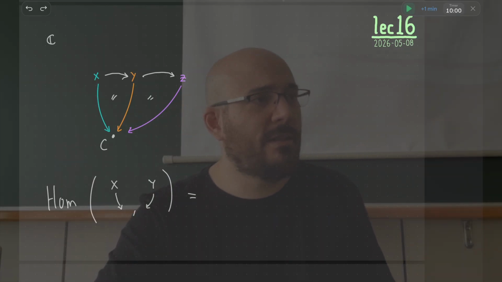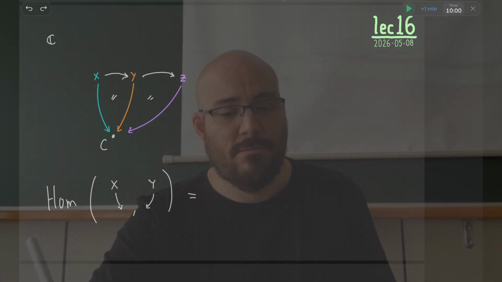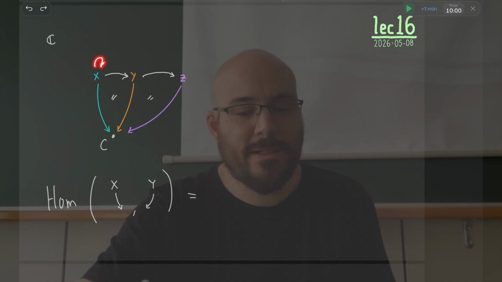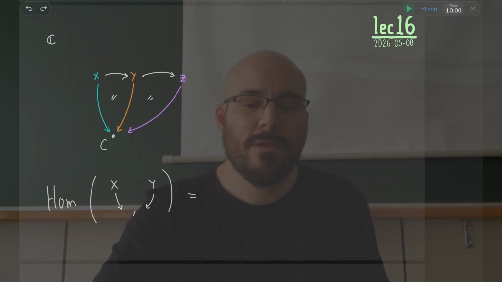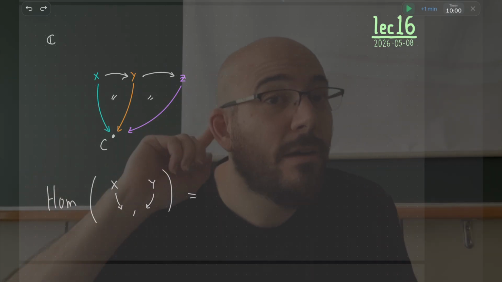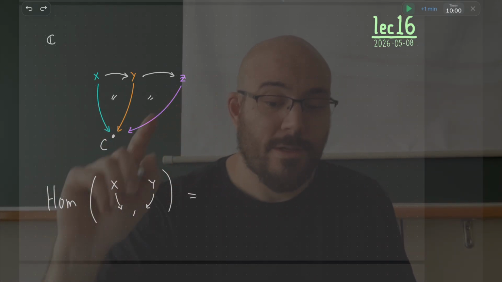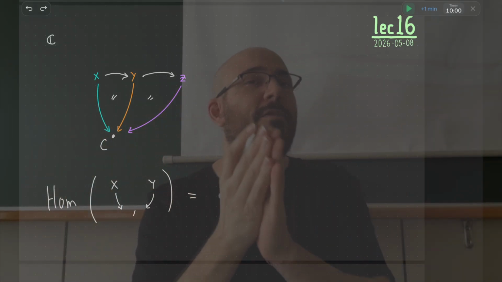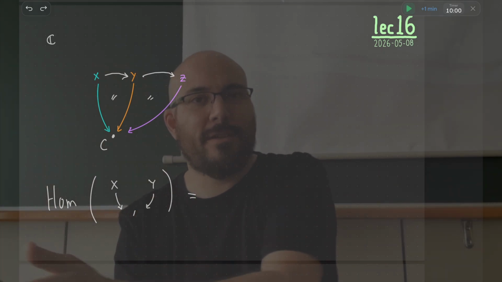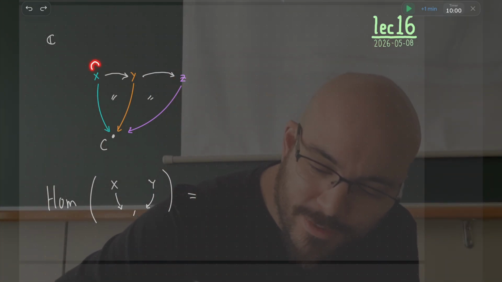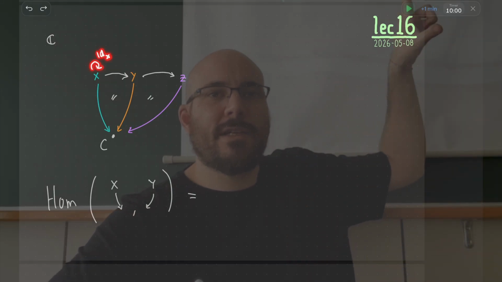Do I have identities? So what's the identity arrow from the blue to the blue? In the category. X lives in the category, so... I'm asking if I have identities in the new category that I'm constructing. In the original category, there was this identity of X, guaranteed by the fact that the original C is a category.